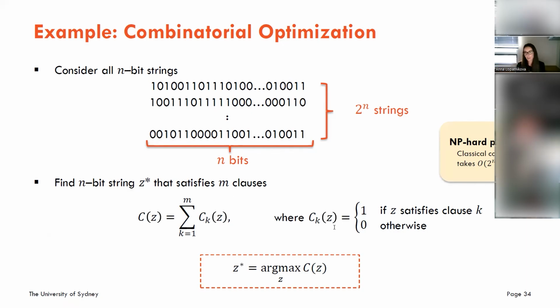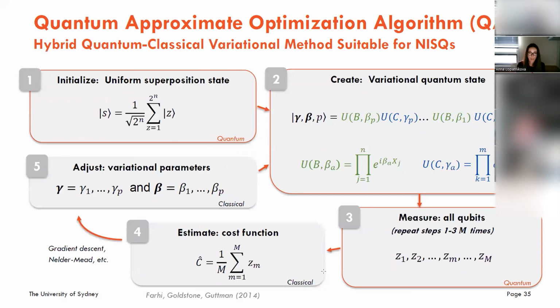So we have some kind of cost function that tests each string and sees if it satisfies each clause. And if the string satisfies the clause, then the cost function is 1. Otherwise, it gives out 0. And we have M clauses, and the sum of all the clauses gives the overall cost function. And the string Z star that we're seeking maximizes the cost function. All right, this is the NP hard problem.